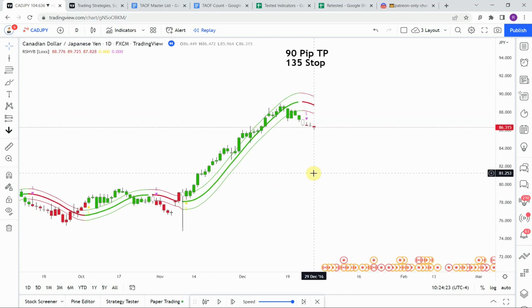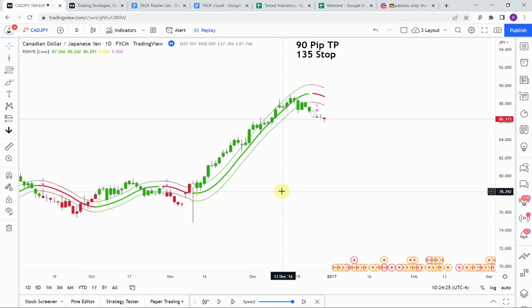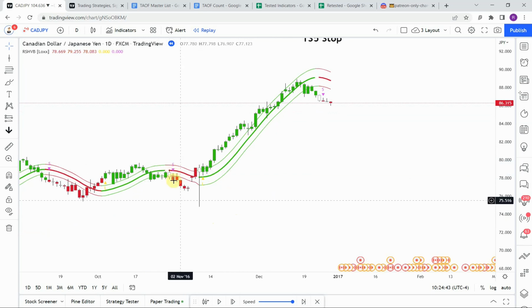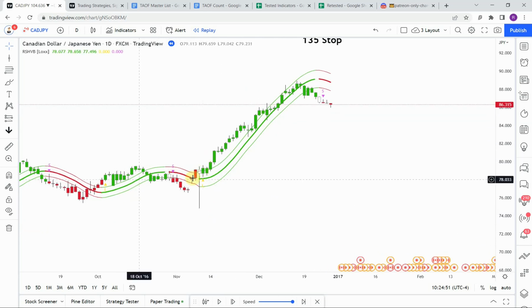In this particular case, this creator, like usual, puts the bar coloration on all the indicators, but also puts the tags. We've seen this quite a few times from the same creator, where we have these little purple S tags with an arrow pointing down, and these little yellow L tags with an arrow pointing up, right as we get the bar coloration.